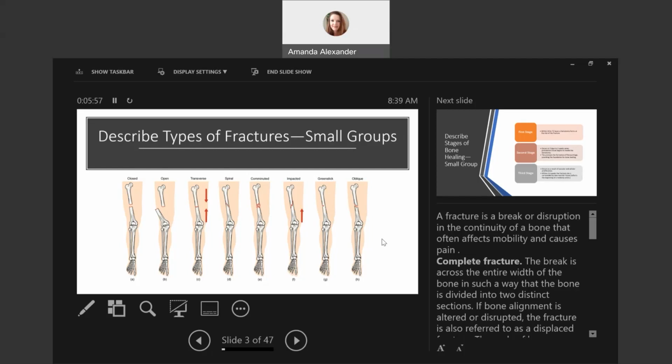An incomplete fracture is where the fracture line does not extend through the full transverse width of the bone. An oblique fracture is a fracture line that runs at an angle. An open or compound fracture, these are the ones where the bone is exposed. It comes through the skin and a soft tissue injury occurs, and it is a common place for infection.